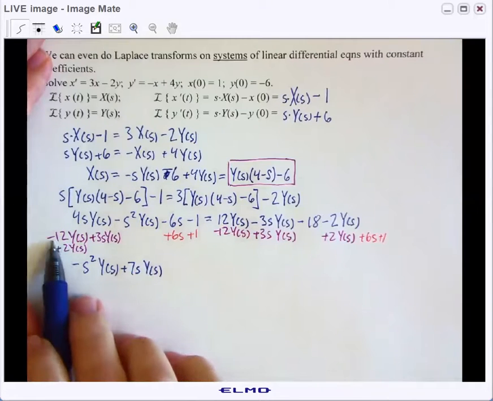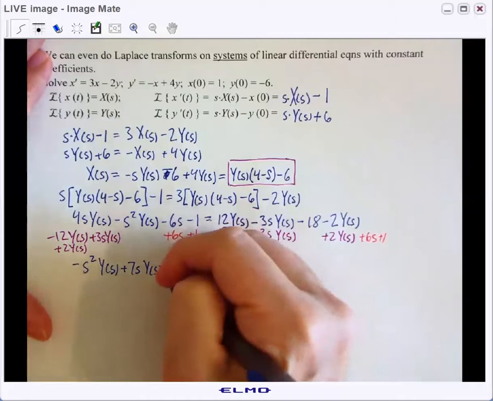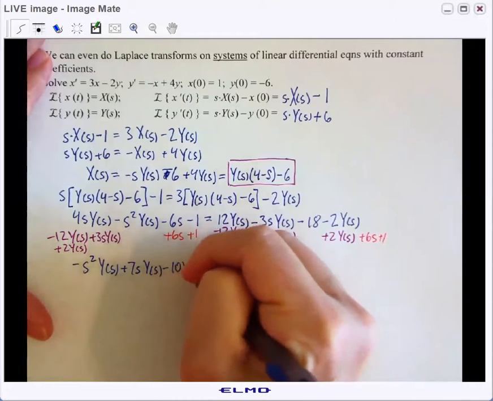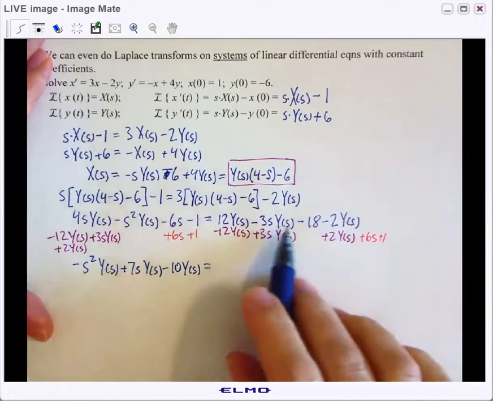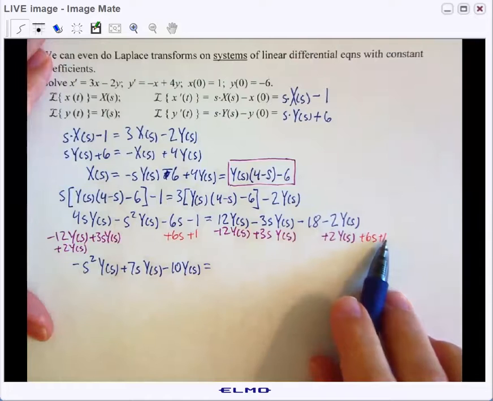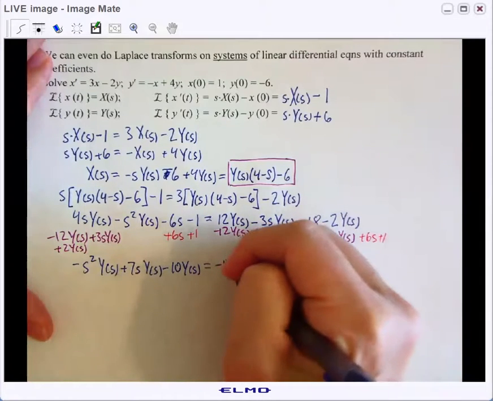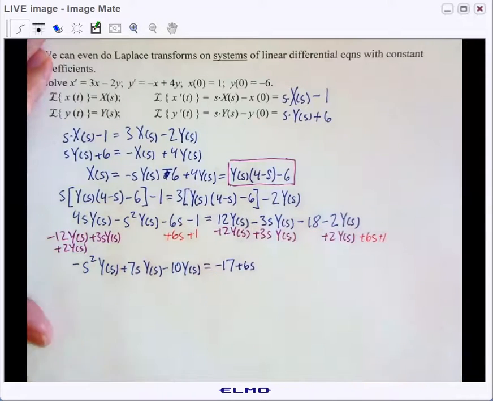And then we're going to have negative 12 plus 2, which is negative 10 Y of s, equals negative 18 plus 1, which is negative 17, and then we have plus 6s.